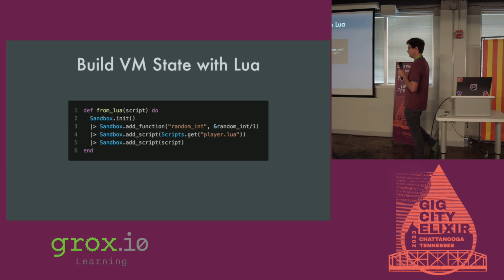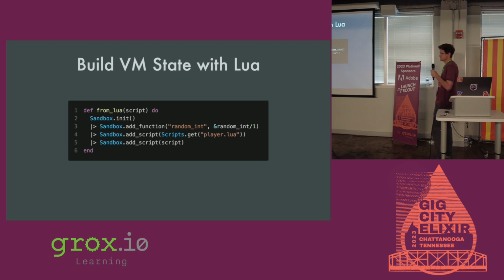And the random int thing: because random numbers often work off of a seeded value, rather than deal with modifying the VM to change the seed dynamically, I just exposed Elixir/Erlang's random system so that you didn't have to worry about that.